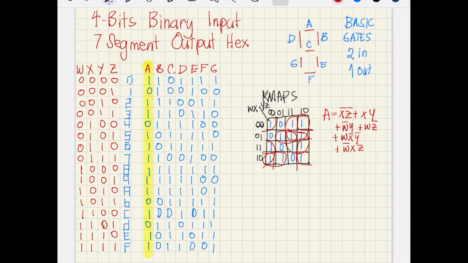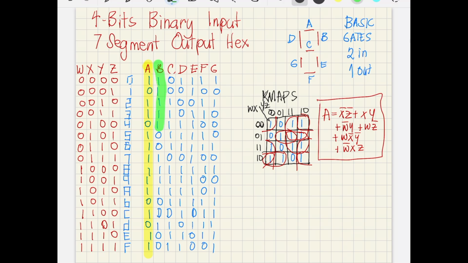Okay, so let's go to our variable B. This time, instead of writing the binary numbers in the KMAP, I'm going to use the variables themselves, so that it will be easy for you to eliminate and to see the final equation.